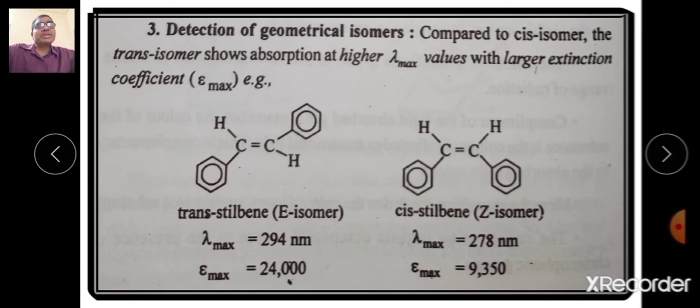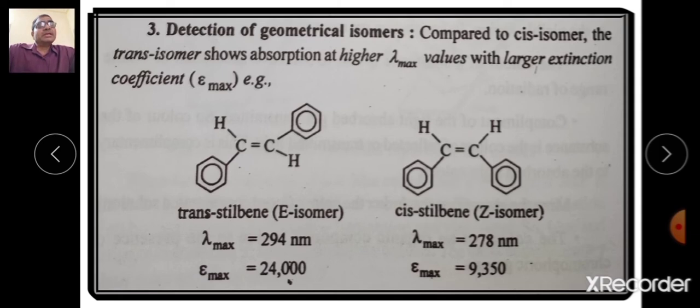The lambda max value of the trans isomer is higher than the cis isomer. Lambda max for trans stilbene is 294 nanometer, while for cis stilbene it is 278 nanometer. Also the epsilon max value is more for trans stilbene, while it is less for cis stilbene.